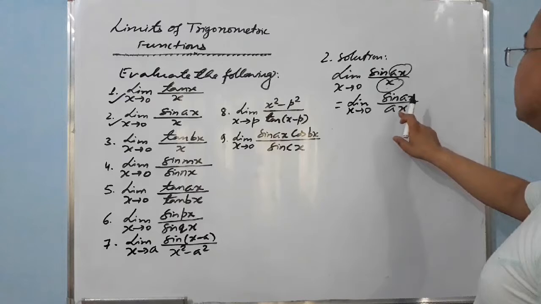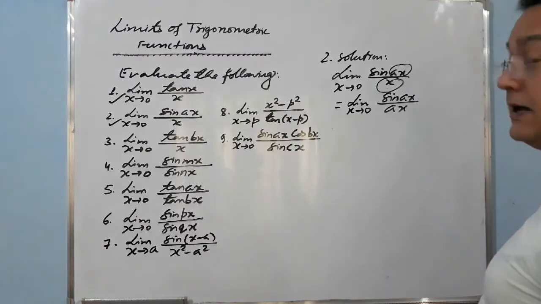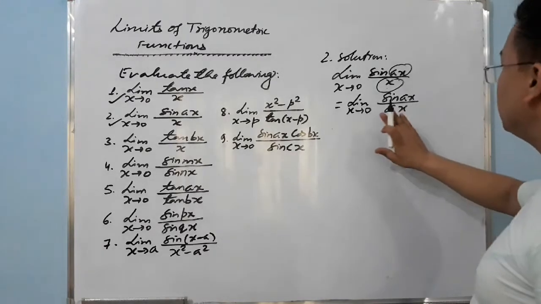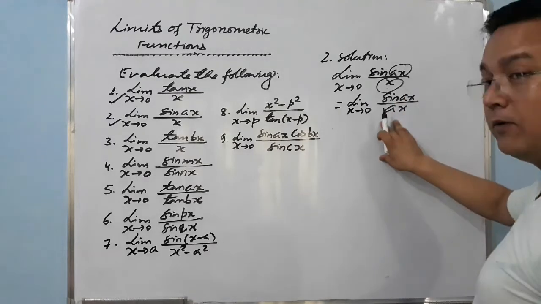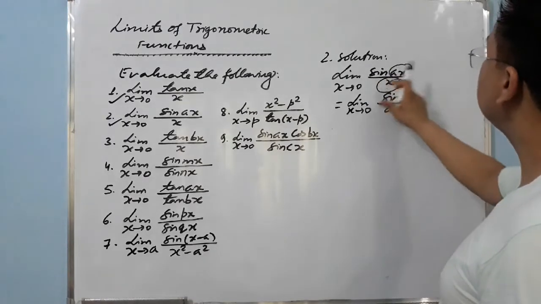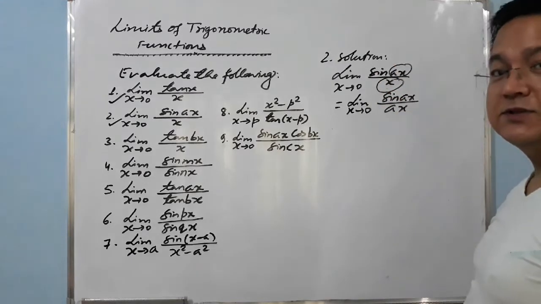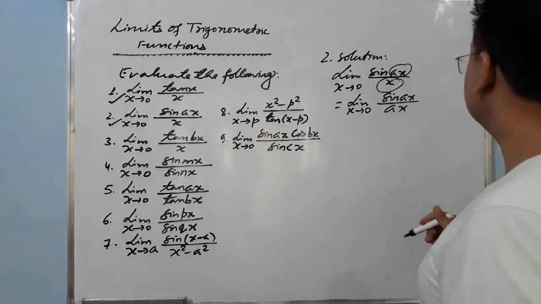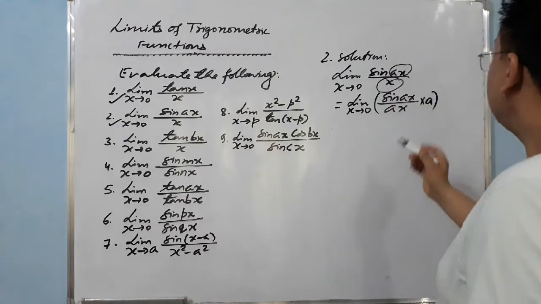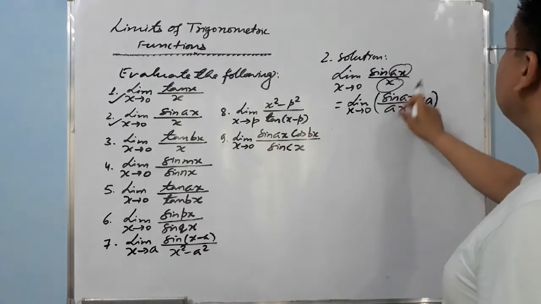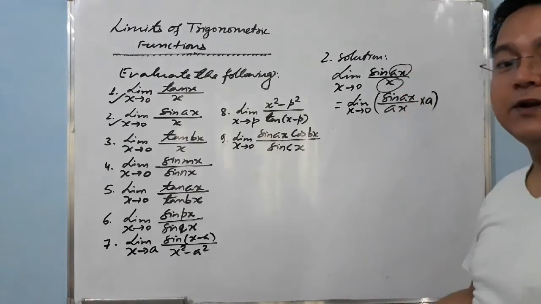We can't write down any number unnecessarily, and you can't leave it in this position. If you leave it as it is, then this will not be equal to the original function, which is not correct. So just multiply by a. Now a will be cancelled out, and we will have only sin x upon x.